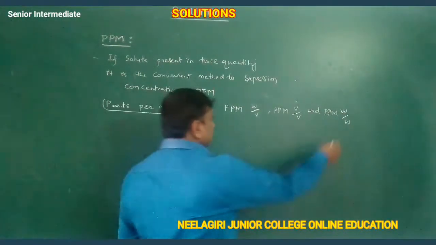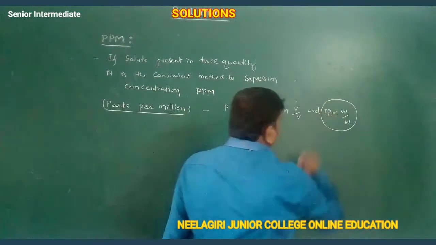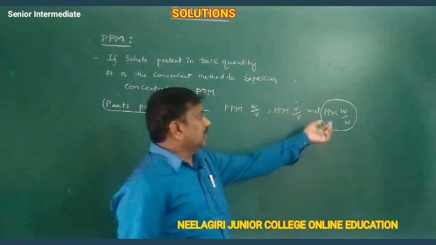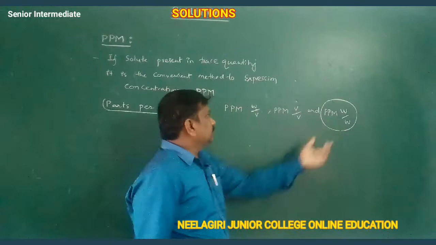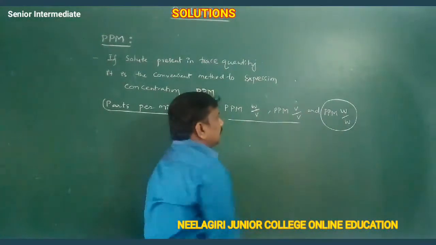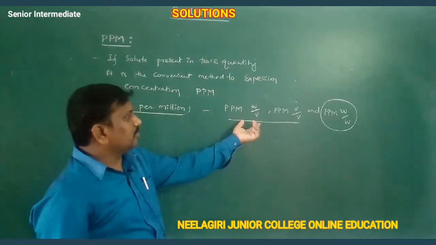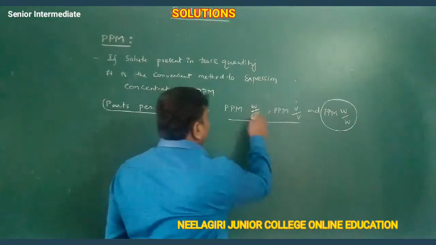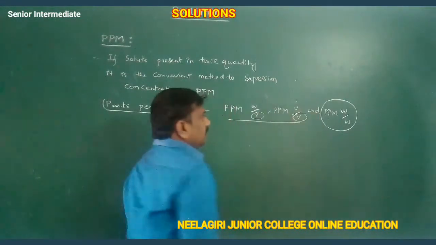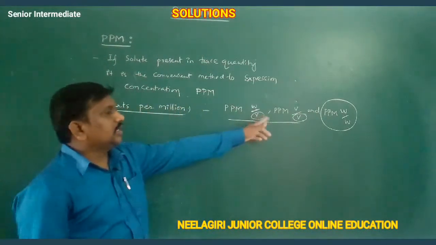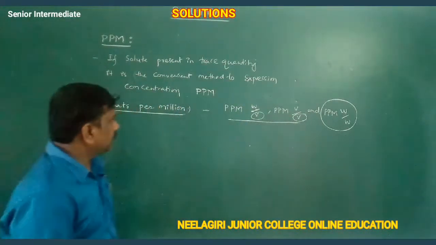So this is a temperature independent concentration term, and these two are temperature dependent concentration terms. Why is it called temperature dependent? So here volume will be there. So volume is related to temperature.